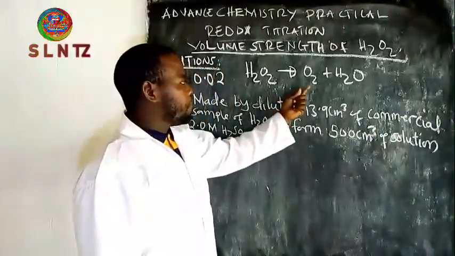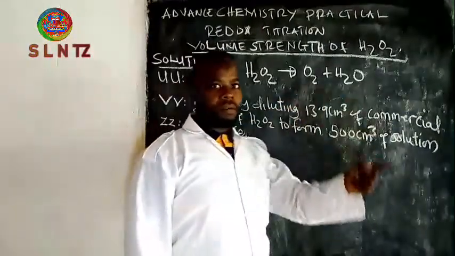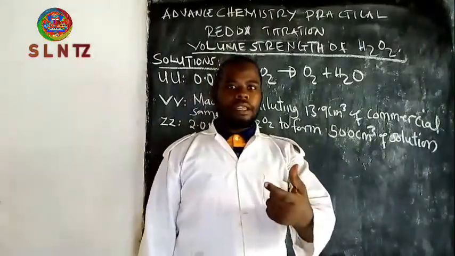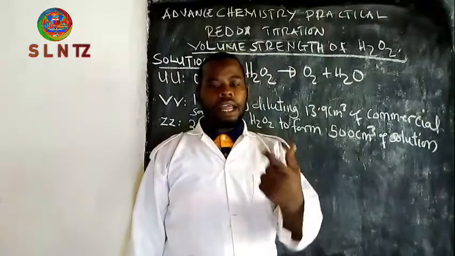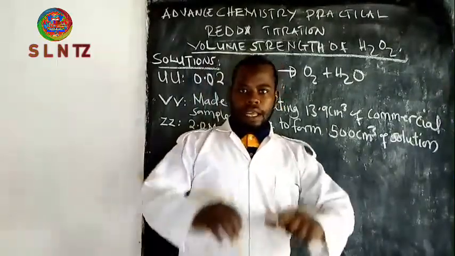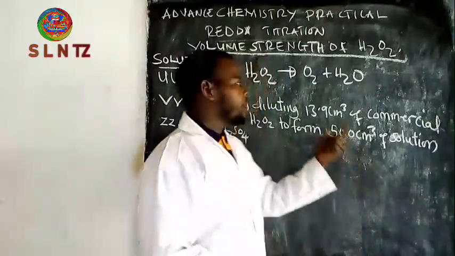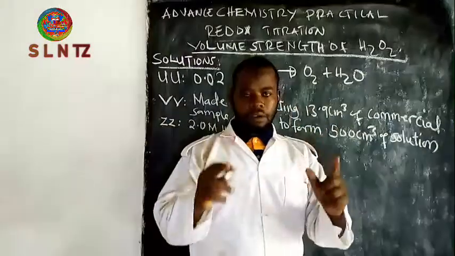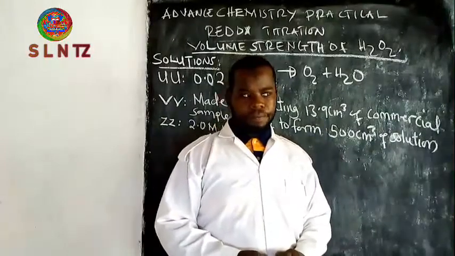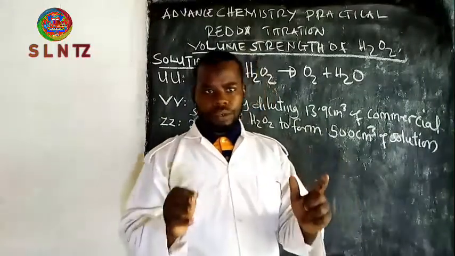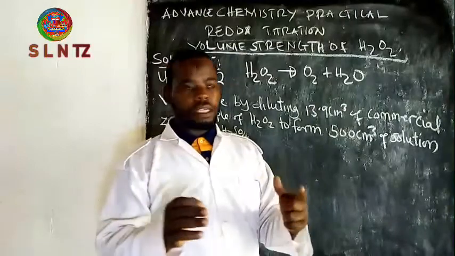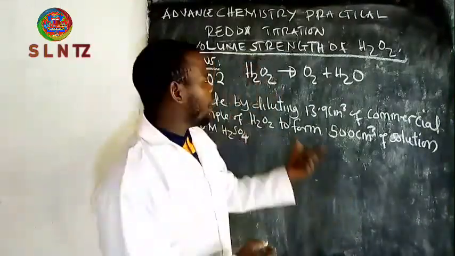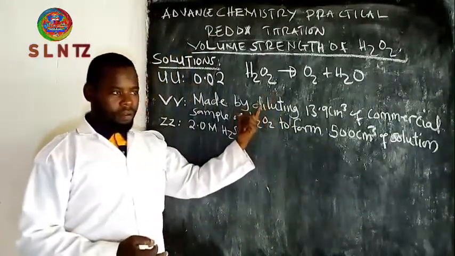So the volume strength of hydrogen peroxide is the volume of oxygen gas in 1 liter that is liberated after decomposition of 1 liter of hydrogen peroxide. That is volume strength. I think you have understood the volume strength in our lesson.